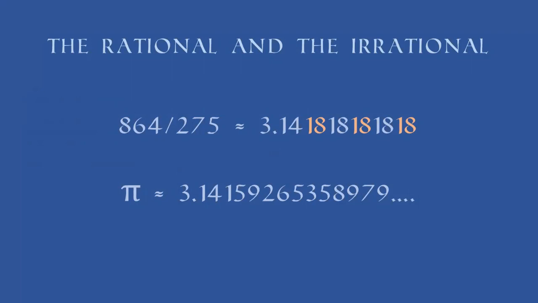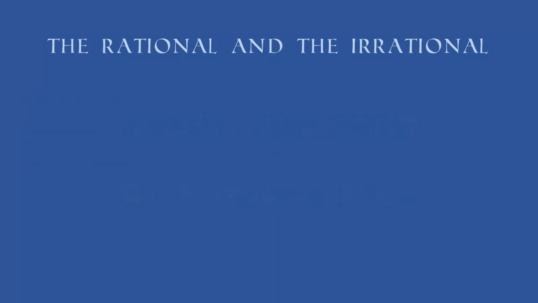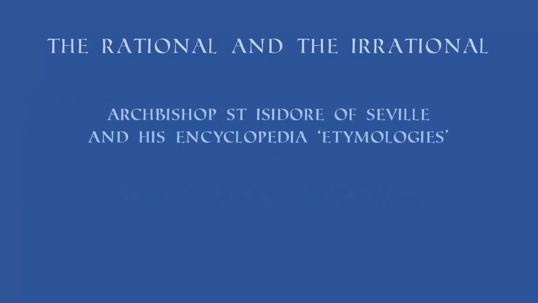Now, this idea of rational and irrational numbers leads to a very interesting philosophical area, because of course rational numbers are numbers that we can know, whereas irrational numbers are beyond what the human mind has the capacity to know. Now, this is something that's actually stated very directly in the medieval encyclopedia known as the Etymologies.